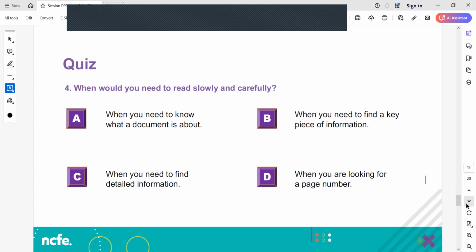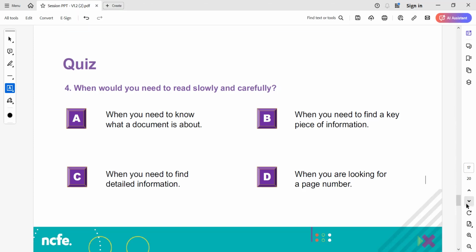When you need to know what a document is about, when you need to find a key piece of information, when you need to find detailed information, when you are looking for a page number. Detailed information. So to find detailed information. Okay, so you're reading the whole document in detail.